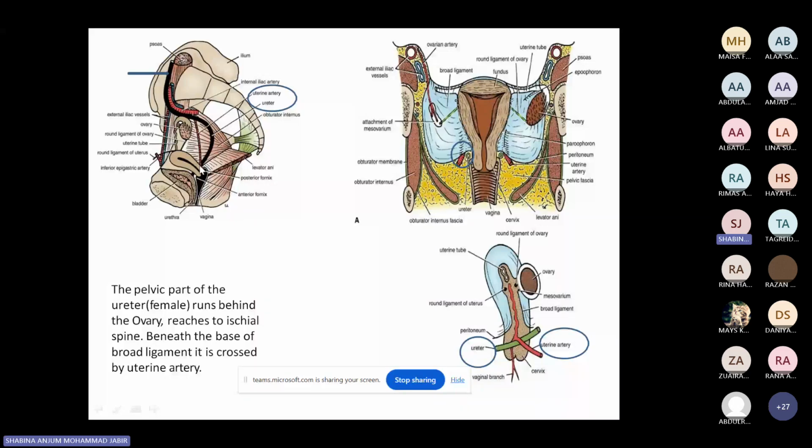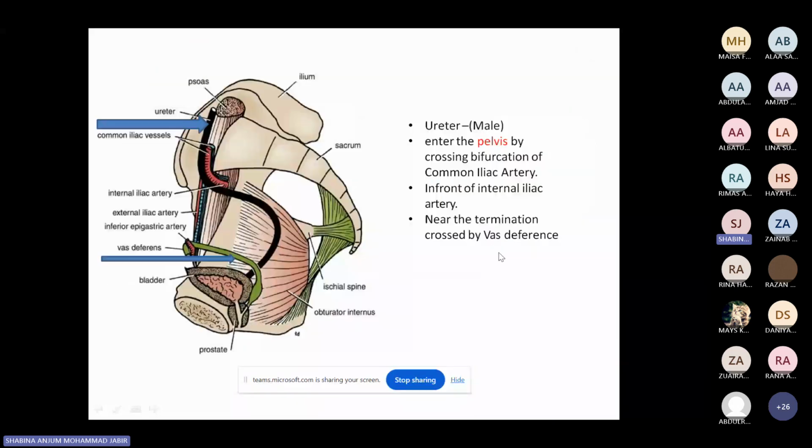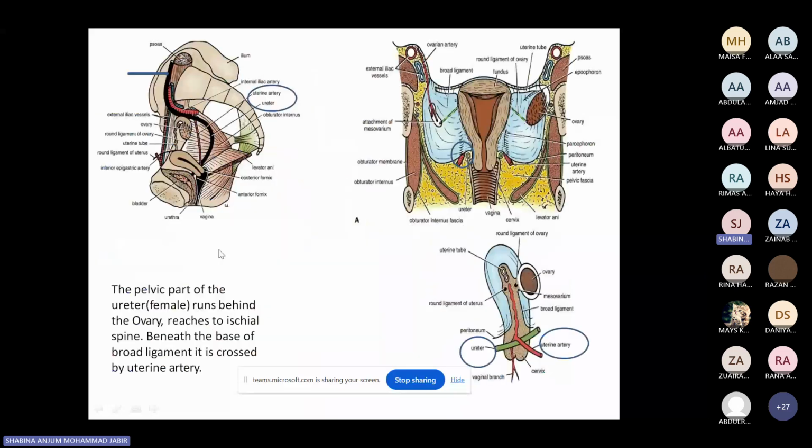And here you can see this is the broad ligament, and this is the cross section of the ureter, and this is the uterine artery. So this is the way the uterine artery crosses the ureter. In male you have to remember that it is related to the vas deferens near its termination, but in female, it is related to the uterine artery.